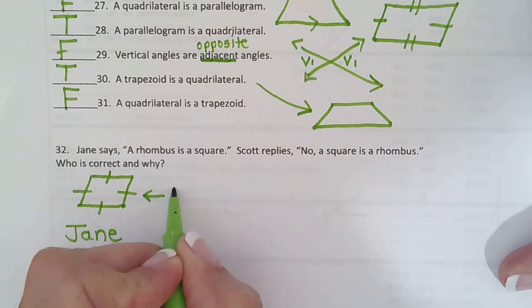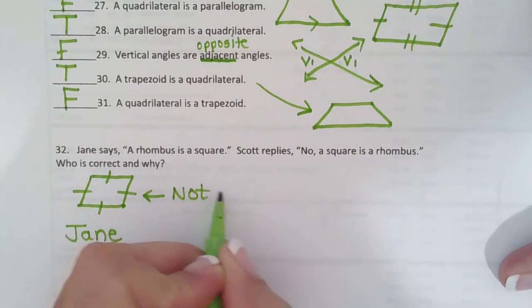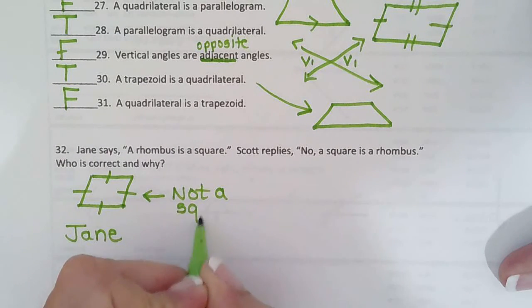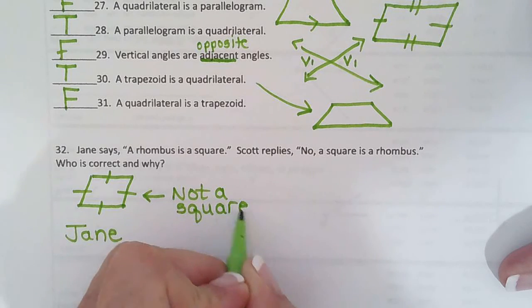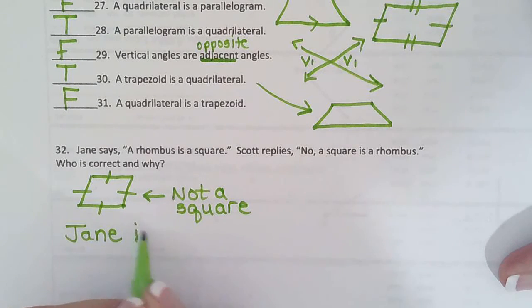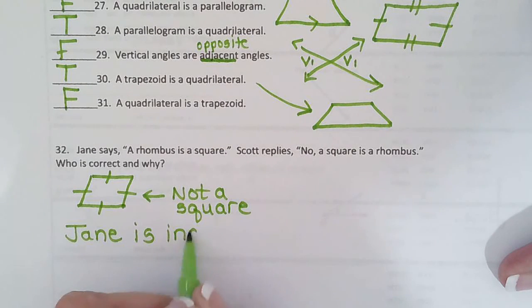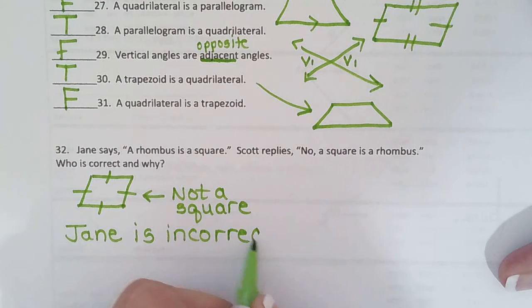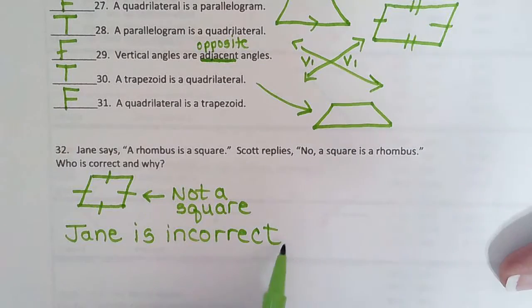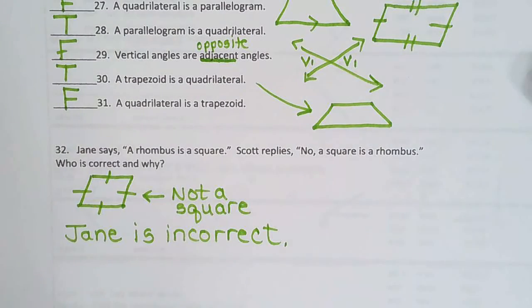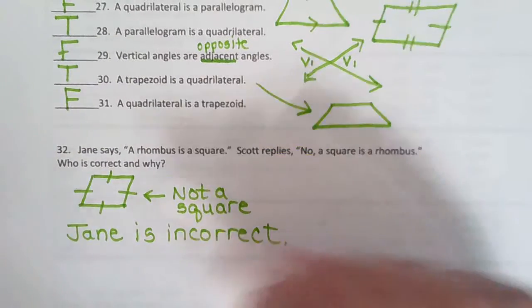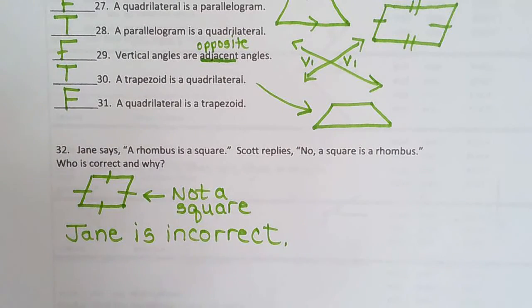This is not a square because a square requires four right angles, right? So Jane is incorrect. Sometimes they're both correct, sometimes they're both incorrect, sometimes it's one of each. So don't always assume that because Jane's incorrect, Scott is correct. You've got to analyze each situation.